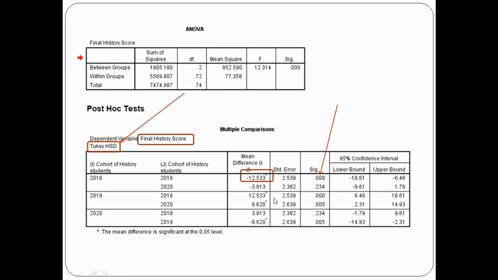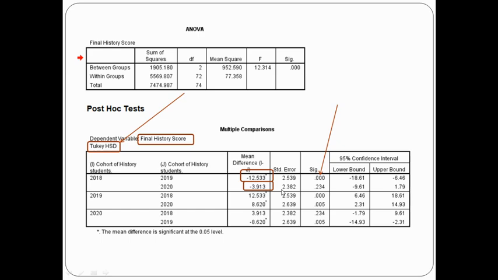If you go down the row that compares 2018 with the 2020 cohort, again, cohort 2018 scored 3.91 points on average lower than cohort 2020. And please do not stop here, ladies and gentlemen.